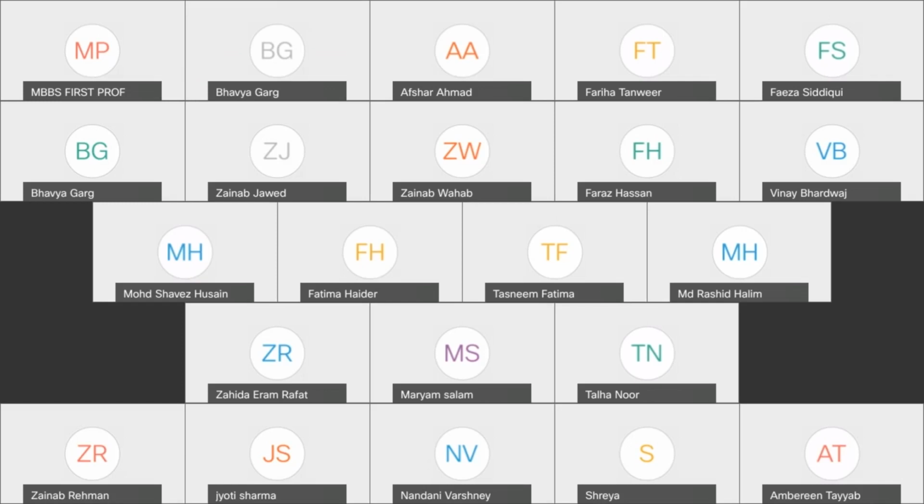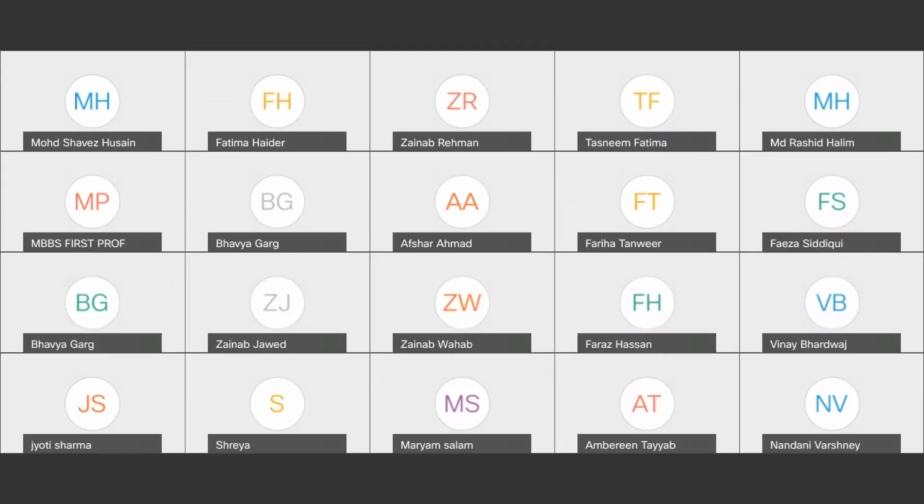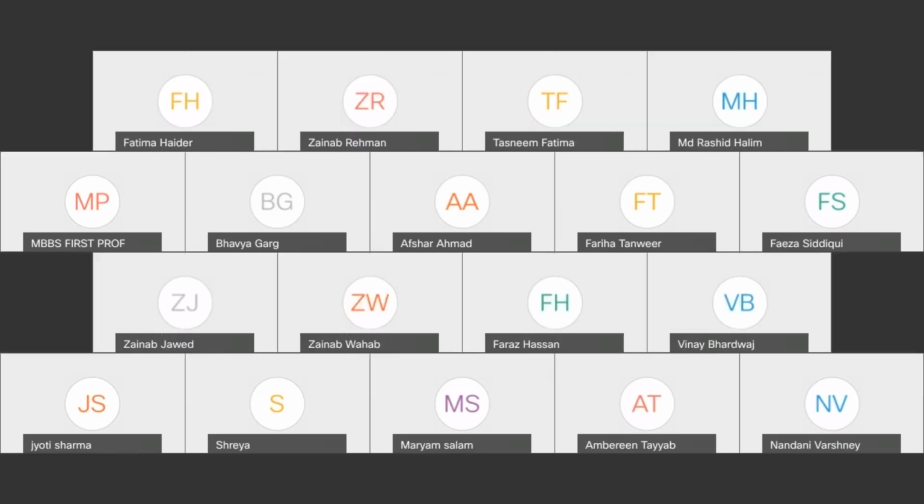Who is next? Roll number 107, Zainab Rahman. There are two Zainabs in the class, I think. I'm 3 actually. Okay. Who else? Roll number 113, Rashid Halim. Okay, next.